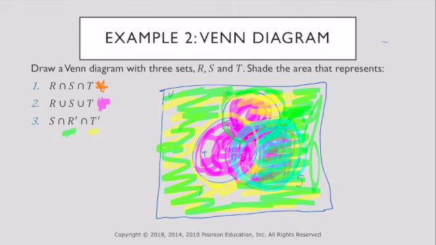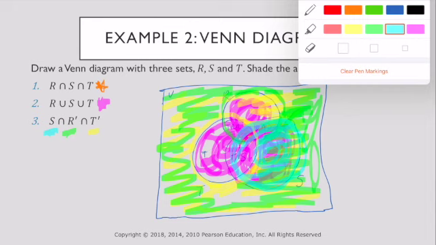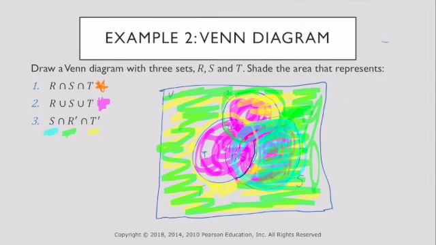It's going to look like where, well, now it's kind of brown. Well, where I have the green, blue, and yellow, which is this area right here. This is S intersect R prime.